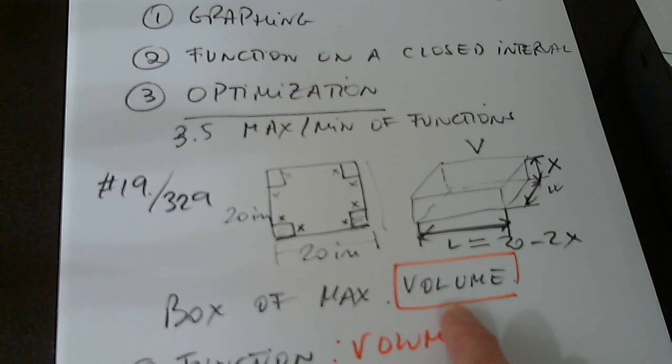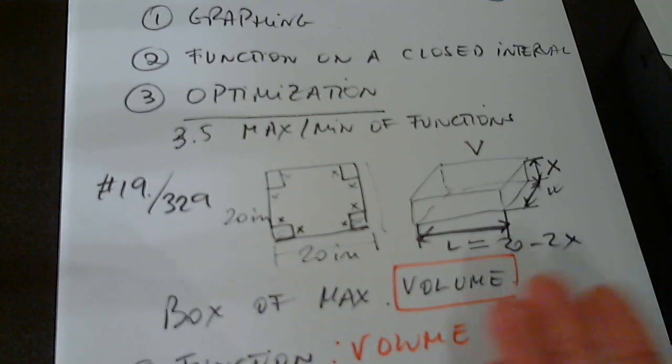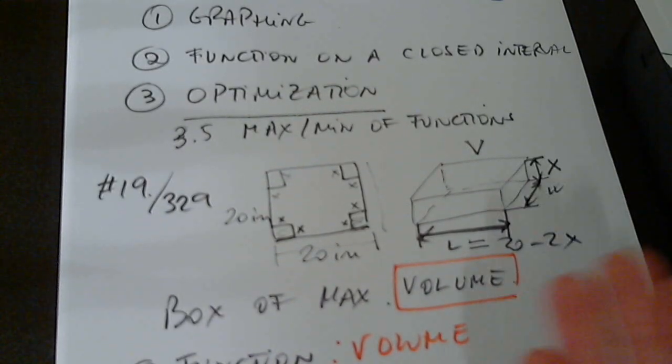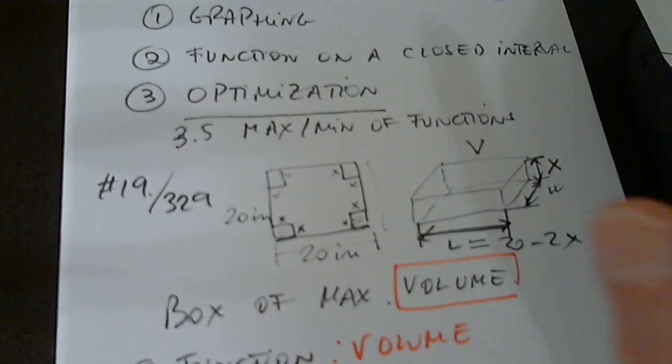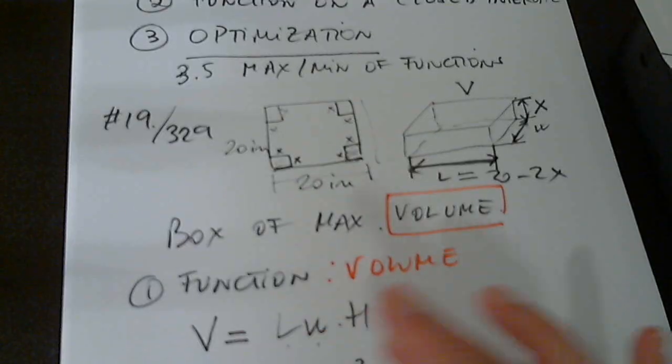So I scratch my head and I say, okay, where do I start? Well, I have to start with a function. If I have to maximize this function, I have to start with the function. So the function is the volume. I know the formula for the volume of a box, length times width times height.